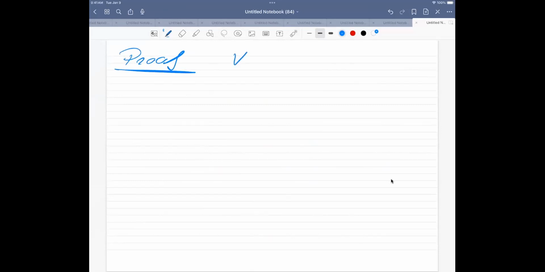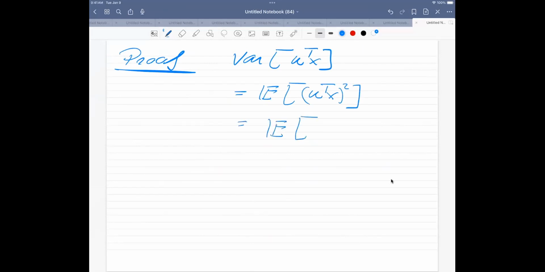So if we look at the variance of a transformed vector u transpose times x, keep in mind that x is centered in the sense that I've subtracted the mean value, so I don't need to subtract the mean value. This is the same as the expectation value of u transpose x squared, which is the same as u transpose x, x transpose u.